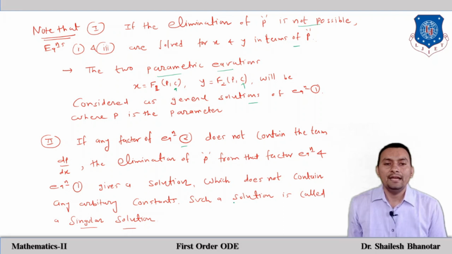That means if dp by dx is not involved in that particular factor, then we are going to neglect that factor. It will be clear if I consider a simple question. So let us see the simple question.